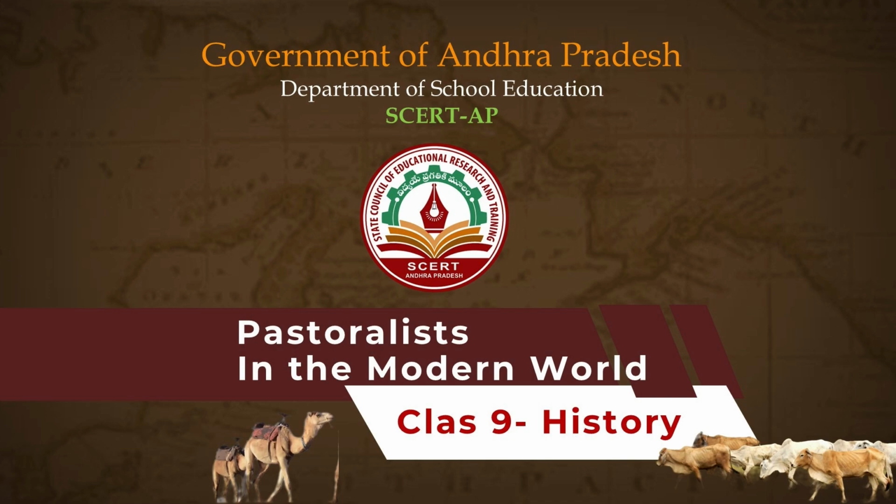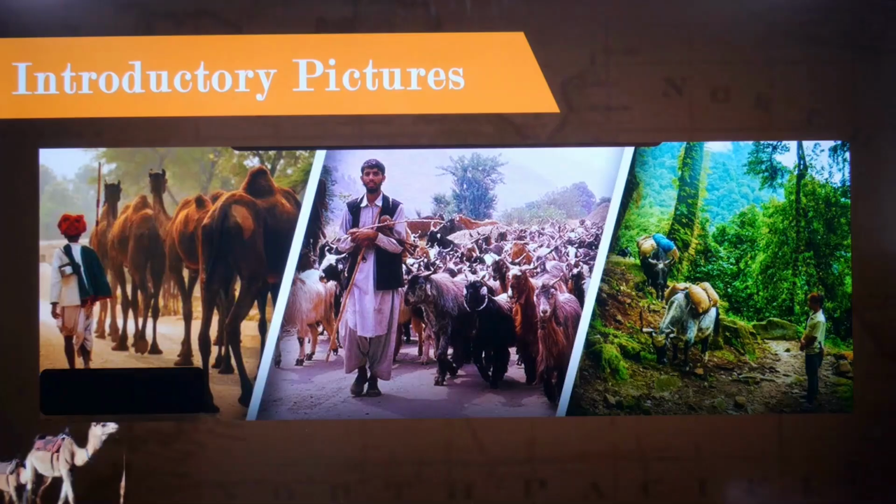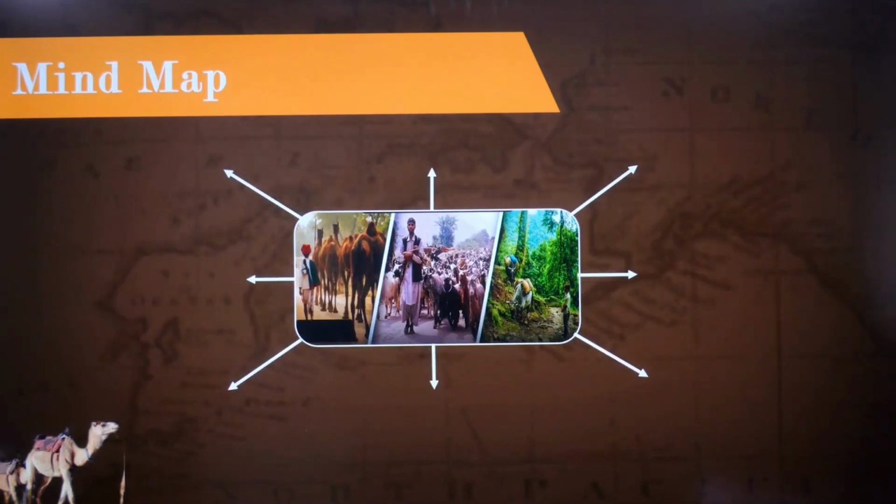First of all, we will show some introductory images. With these, we can conduct mind map activity by posing some questions to the students. In this way, we will inculcate the idea about pastoralists in the minds of the students. Then, mind map.